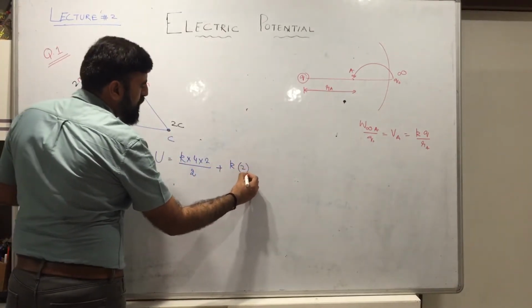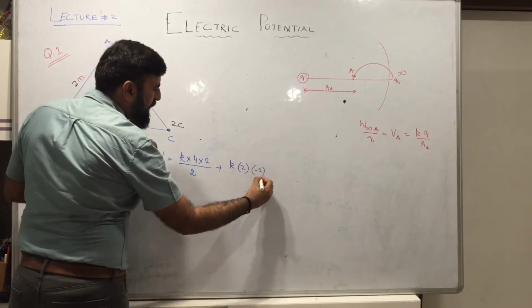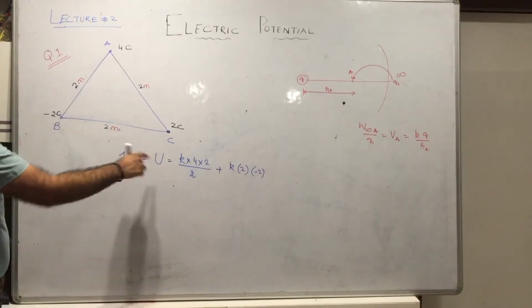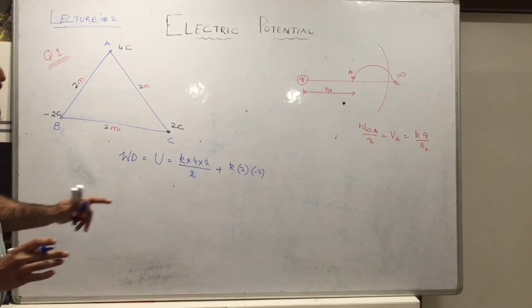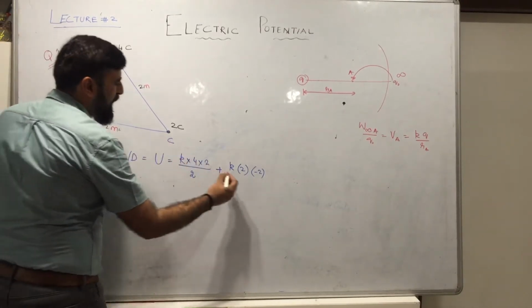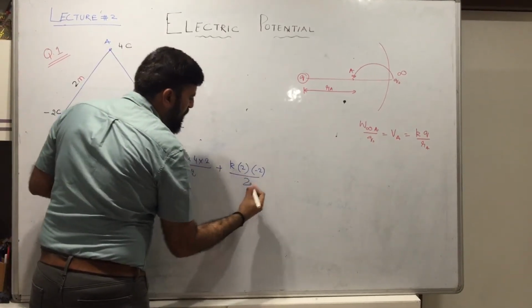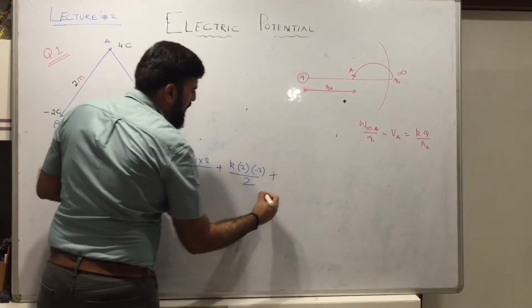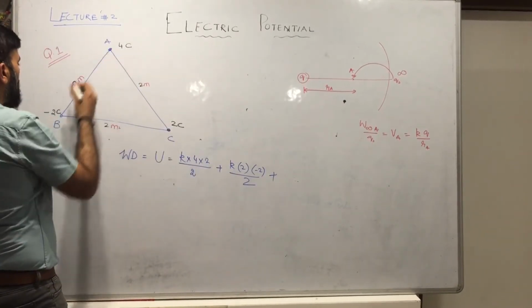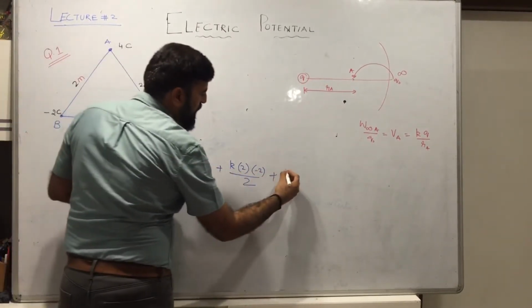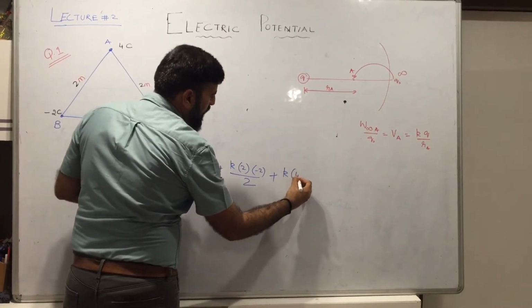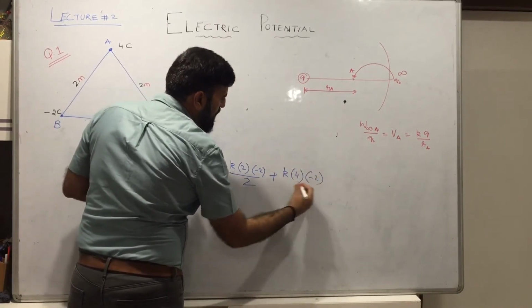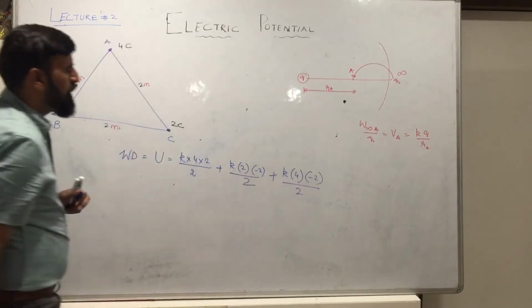So 2 into minus 2, since the charge is negative and potential energy is a scalar quantity, upon the distance again, which is 2. Then the potential energy between 4 coulomb and minus 2 coulomb, K into 4 into minus 2 upon 2, isn't it?